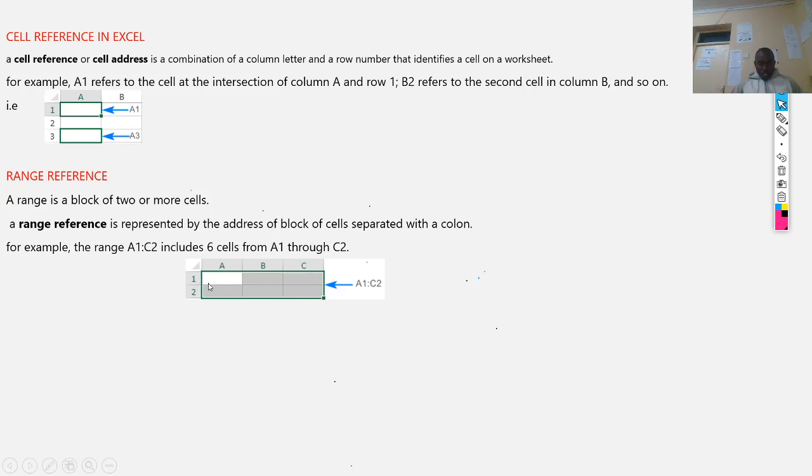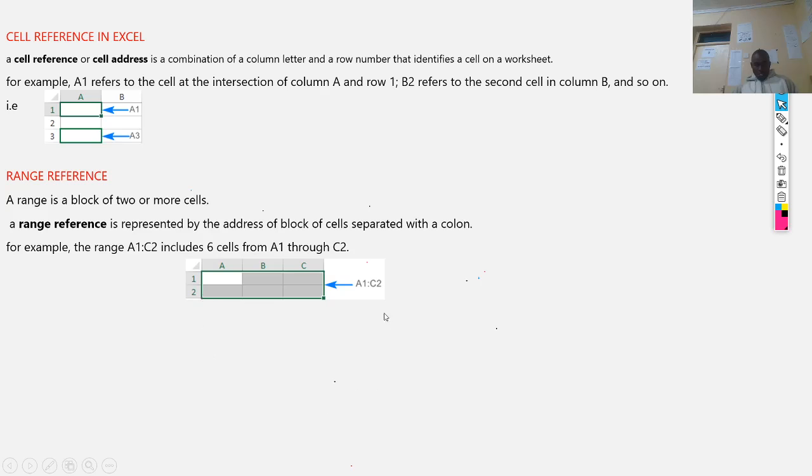If it was just from A1 to C1, it is a range, but you can see it's on a straight line. But if it went maybe even to D6, it could be A1 to D6. So that is the range.